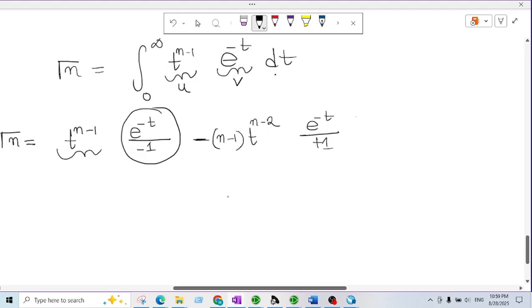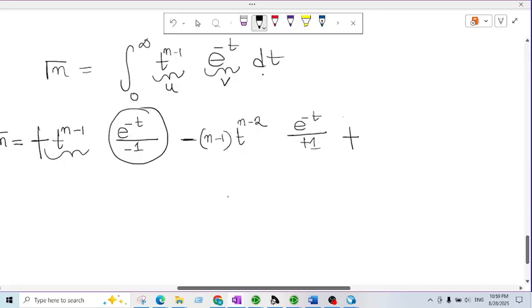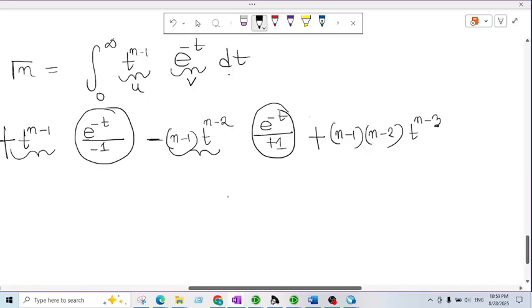Now we have the sequence plus, then minus, then again plus. Let me differentiate this again. We get (n minus 1), (n minus 2), t to the power n minus 3, and we integrate again and get a term like this.